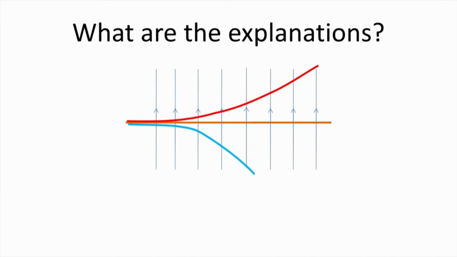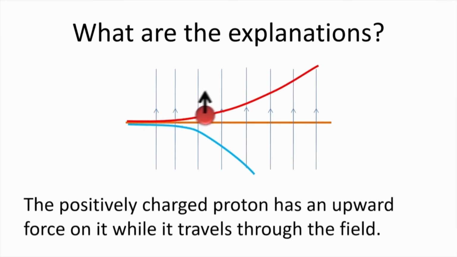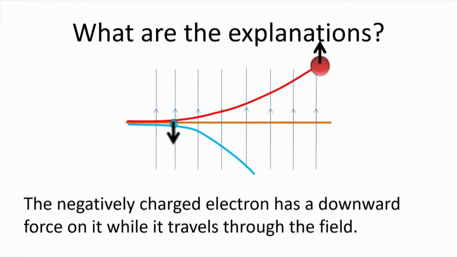So what are the explanations? What is really happening? The positively charged proton has an upward force on it while it travels through the field, so it goes upwards. The negatively charged electron has a downward force on it while it travels through the field, so that goes downwards.